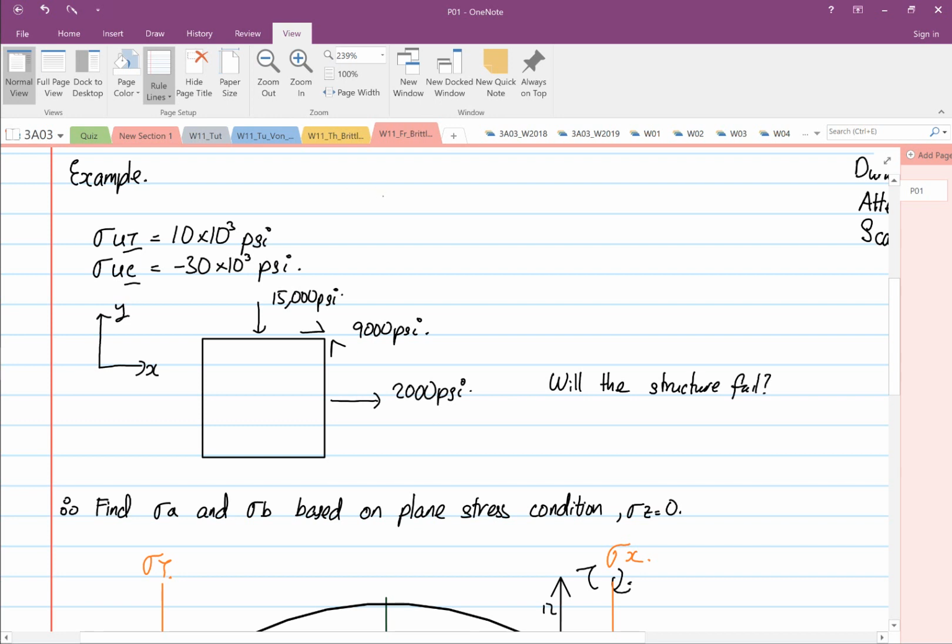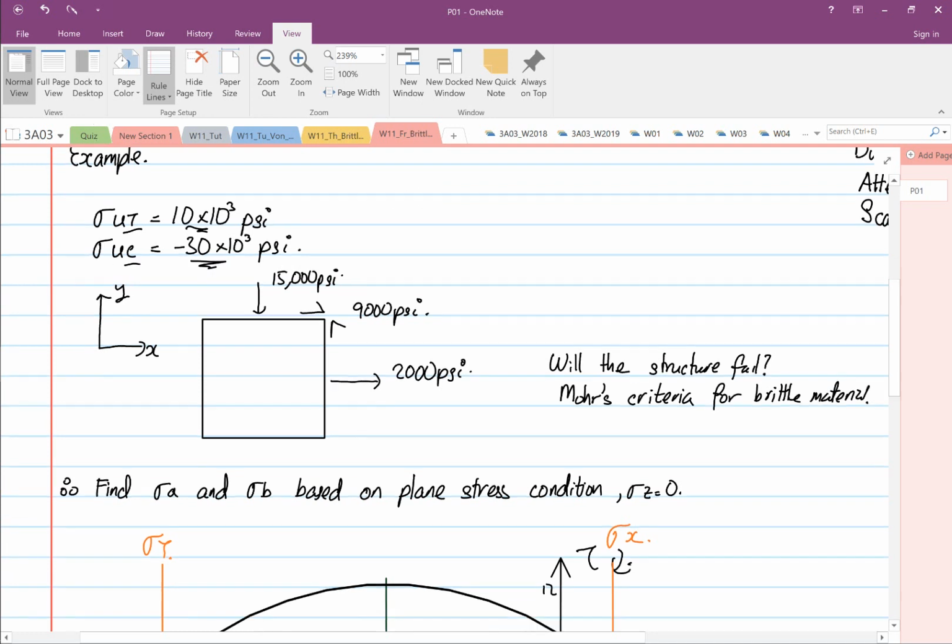So just to quickly recap, we're going to use Mohr's criteria for brittle material. As you can see, for brittle material, it can withstand higher compression than tension.